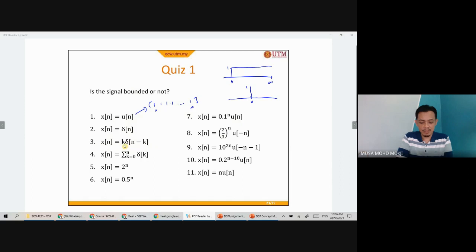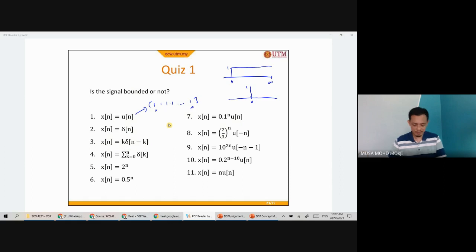Anyone? This is k delta[n minus k]. So we have k there, and then this is a delta, which is an impulse, with some delay. Is it possible to be unbounded, or is everything bounded? Try it.